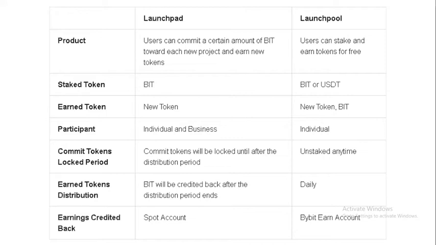Participants: Launchpad is for individuals and businesses, Launchpool is for individuals. Committed tokens and locked period: for Launchpad, committed tokens will be locked until after the distribution period. For Launchpool, you can unstake anytime. Token distribution: for Launchpad, tokens will be credited after the distribution period ends. Launchpool is daily. Earnings are credited back to the spot account for Launchpad, and to the Bybit Earn account for Launchpool.